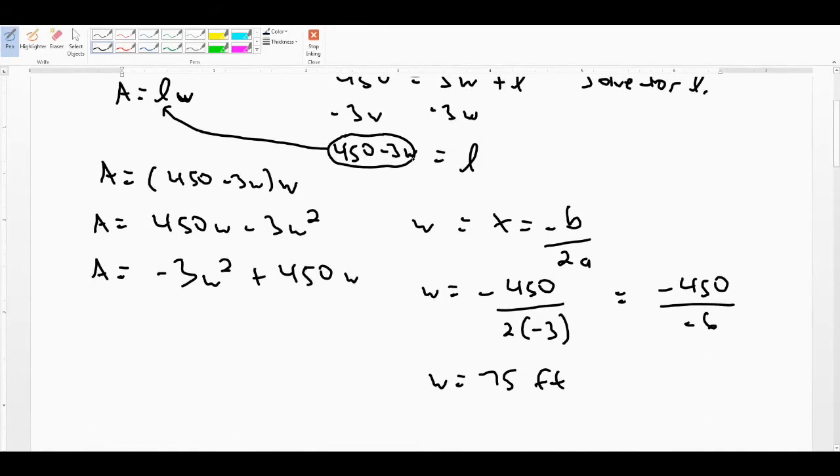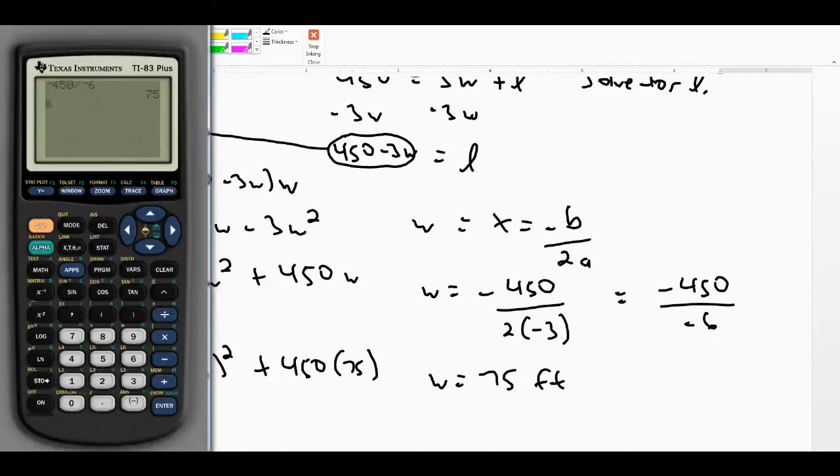And then I can multiply that answer times 75 to find the area. Or, since it's only asking for the area, I can take the 75 and substitute into this A formula, which is what I'm going to do. I'm going to show you either way will work.